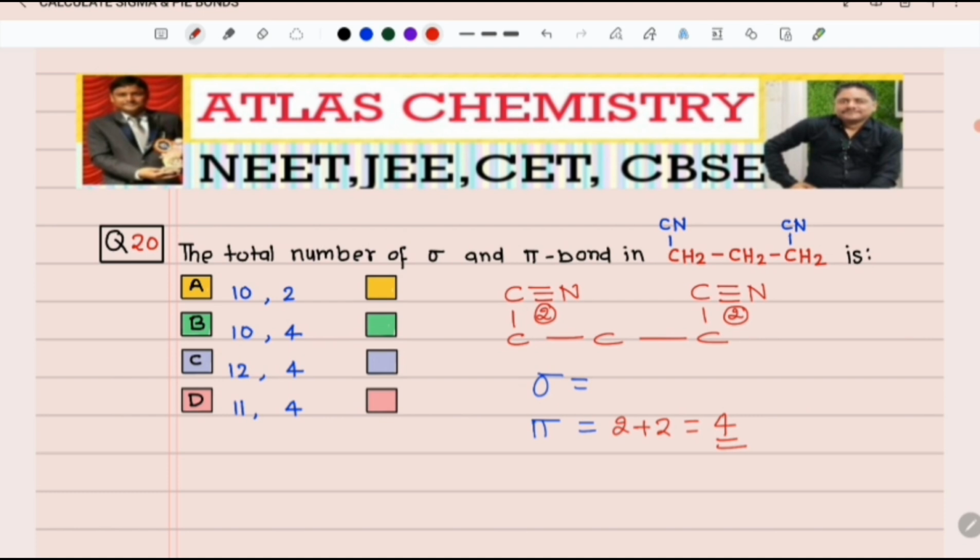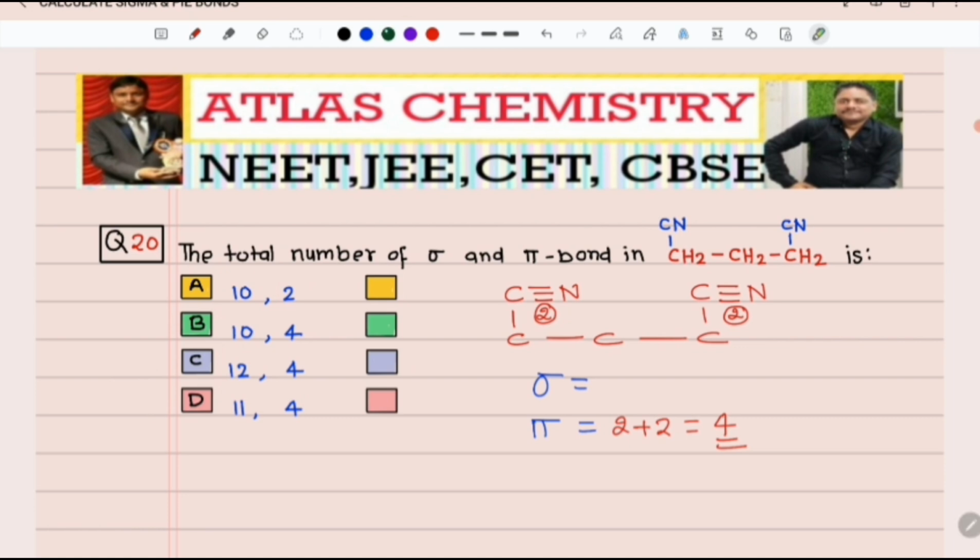So our options can be either B, C or D, because here 2 is given but minimum 4 pi bonds are there, so option A can't be correct.